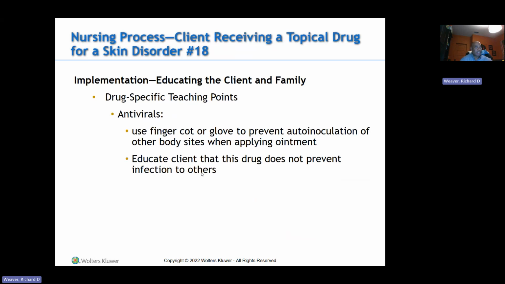Even though we are treating some viral infection, others can still be exposed to these patients and they can get sick. So we have to take precaution. This product will not prevent transmission of infection to others. So, standard precautions and maybe some other appropriate precaution. Transient itching, burning, rash may occur as well with these drugs.